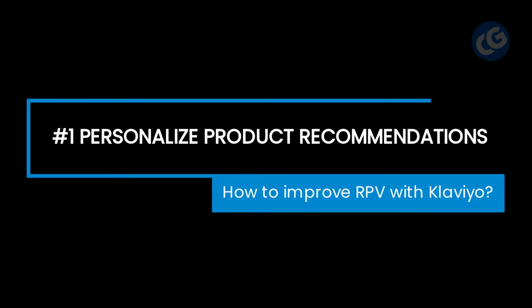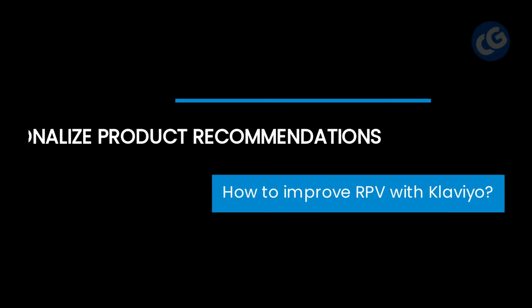And the very first suggestion we have here is personalized product recommendations. So this is simply showing product recommendations that are unique to that individual based on their behavior or profile. There's 3 ways to do this. So you can recommend products based on the user's previous browsing or purchasing history.